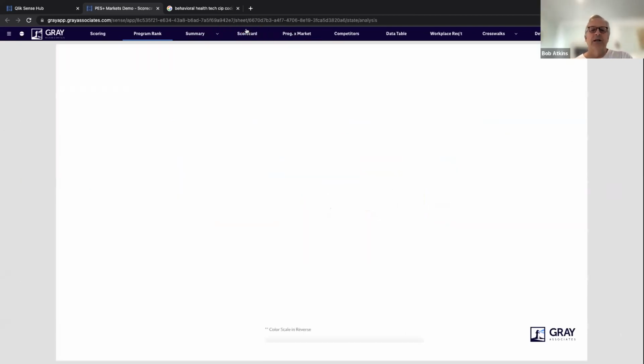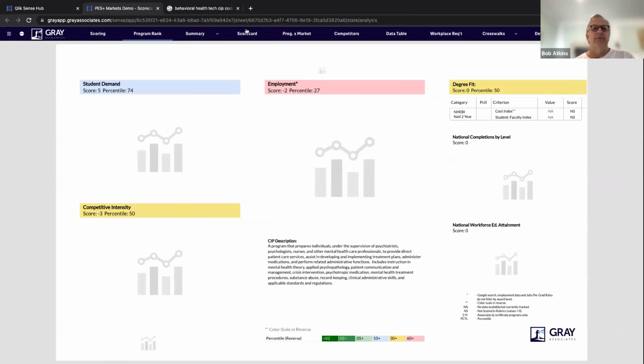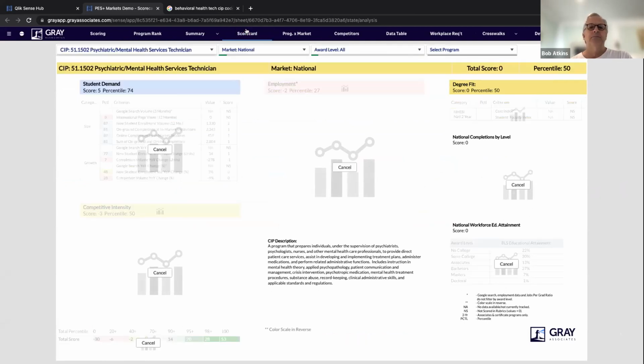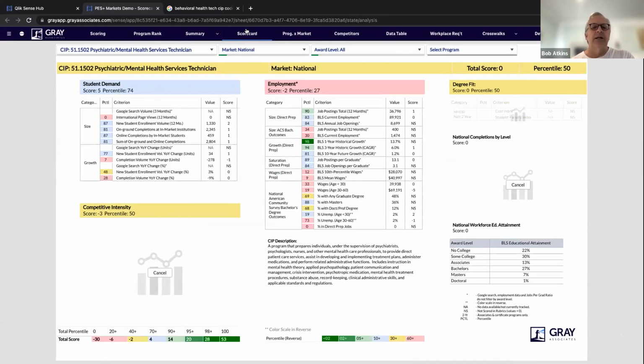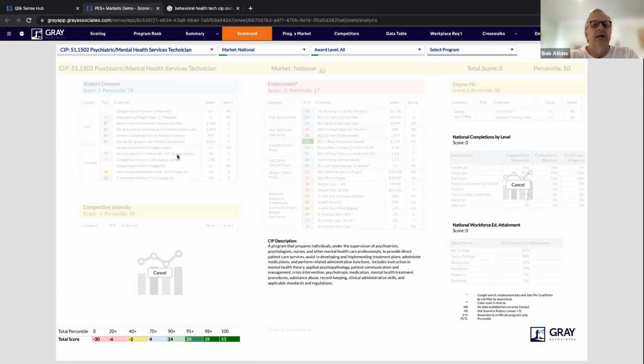So looking at the shading here, it looks like it's about average on some of the metrics. Interested to see what the problem is on employment that's turned that pink. So we're not getting any Google search volume. Now, when it says NA, that means it's a program that we're not tracking volume for. So don't interpret the blank as having any meaning.